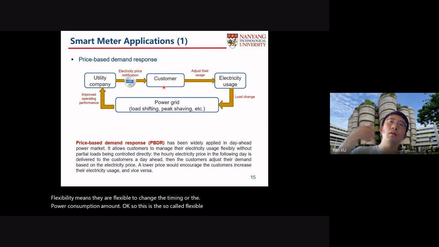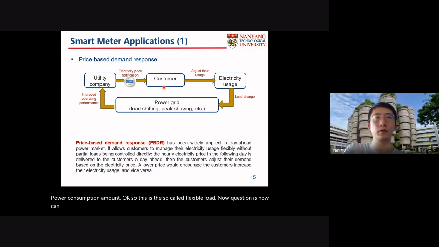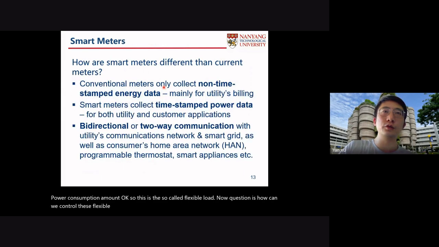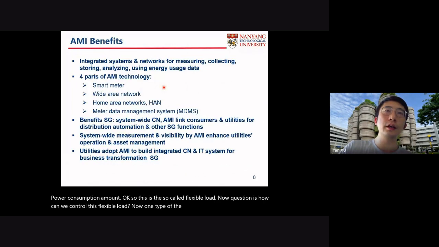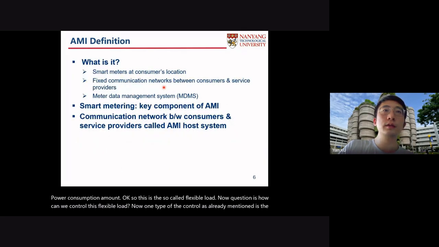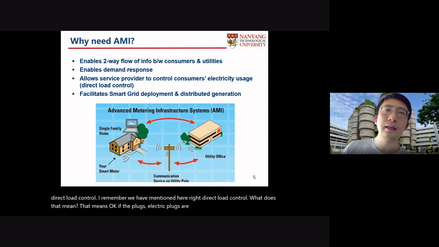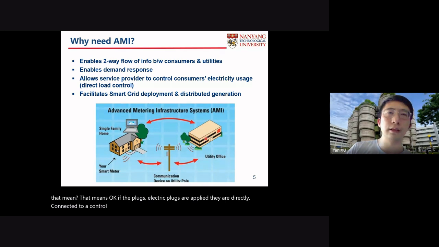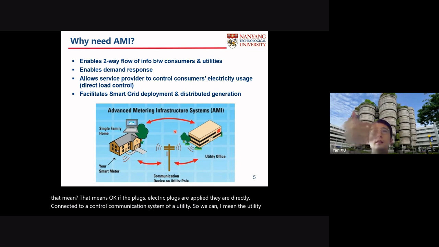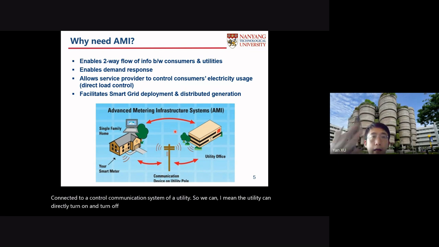Now, the question is how can we control this flexible load? One type of control, as already mentioned, is direct load control. What does that mean? If the electric plugs or appliances are directly connected to a control communication system of a utility, the utility can directly turn your appliance on and off.